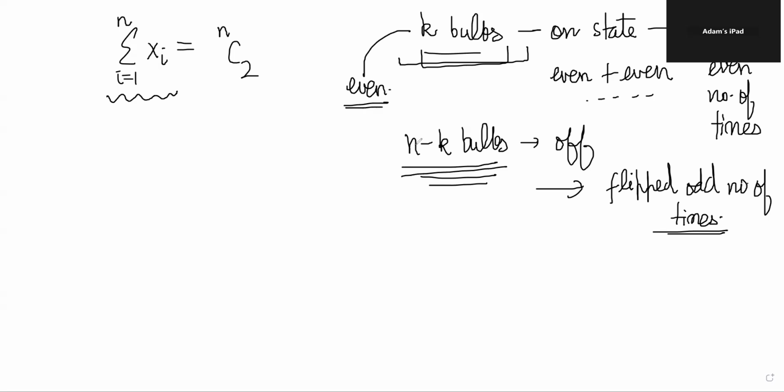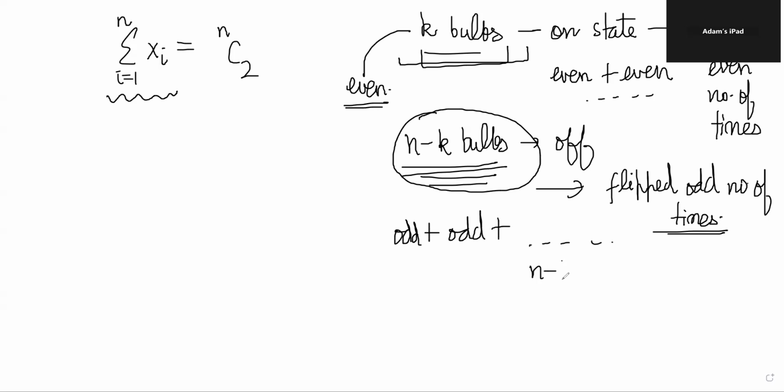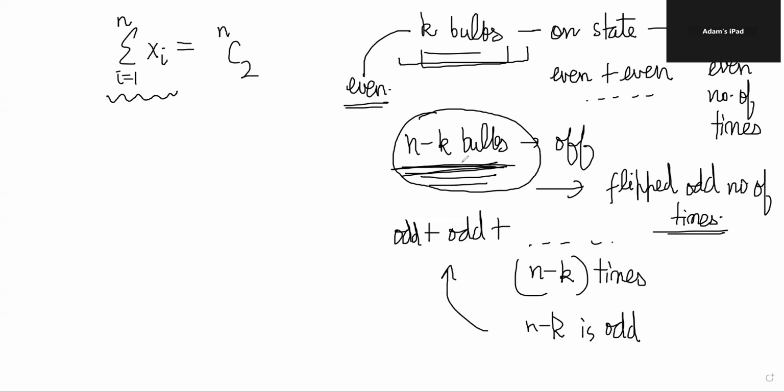And the N minus K bulbs, you are flipping each of them an odd number of times, so basically you are doing odd plus odd, N minus K times, right? If N minus K is odd, then this sum is odd, and if N minus K is even, then this sum is even.